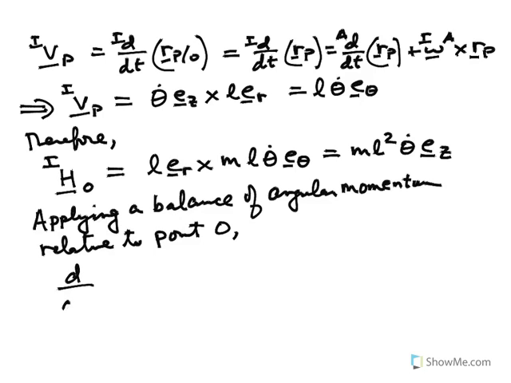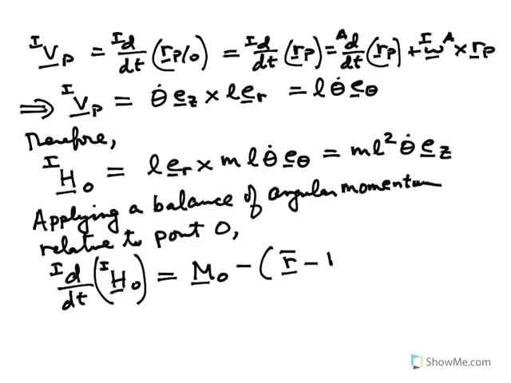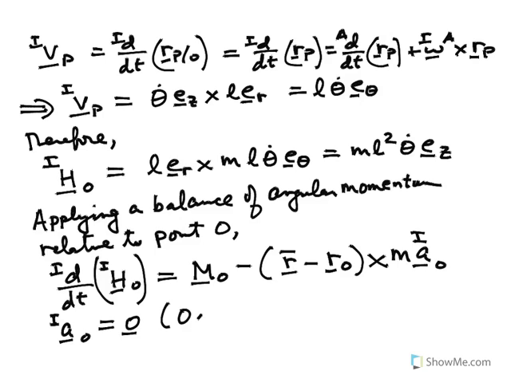We get that the rate of change in the inertial frame of the angular momentum relative to O in the inertial frame is equal to the moment relative to point O minus the position of the center of mass minus the position of O crossed with the mass times the acceleration of point O. But we already said that O is inertially fixed, so the acceleration of point O in I is equal to 0 because O is fixed in I.